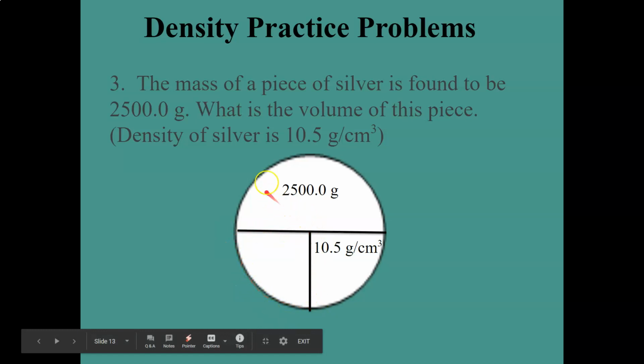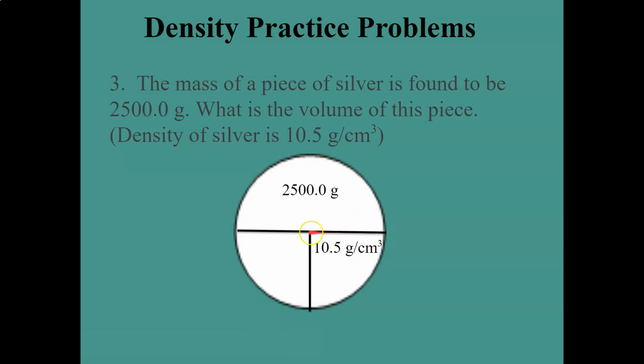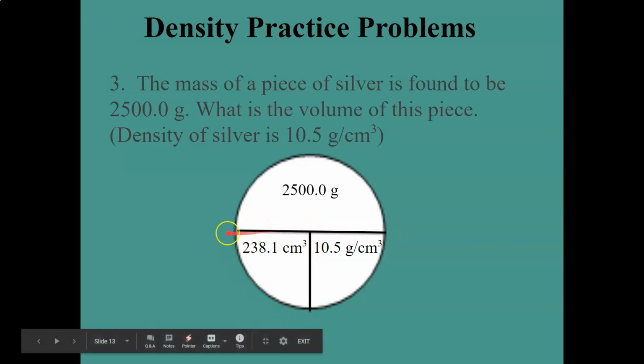In this case, our mass is over the density, so we divide. That fraction bar is a division bar. When we divide the 2500 by our 10.5, we get the amount of space that block of silver took up, and that is 238.1 cubic centimeters.